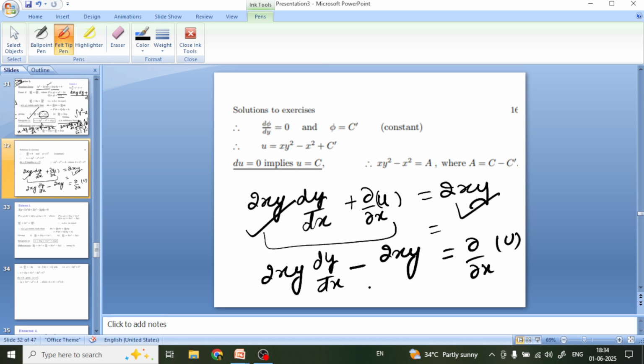When we compare, you will find this: 2xy times (dy over dx minus 1).